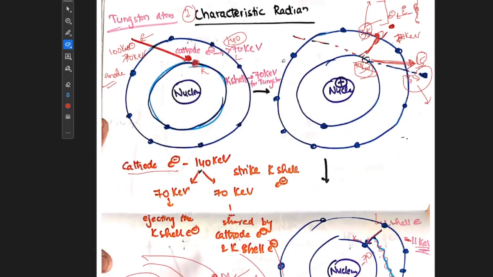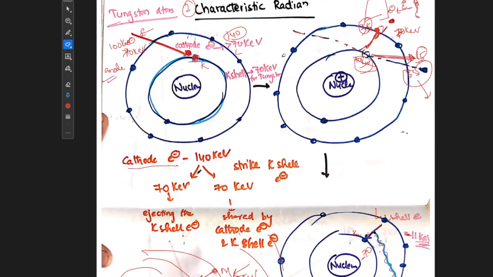If we have to summarize characteristic radiation, it is simple. When the cathode ray electron hits the K shell electron, if it has energy more than the binding energy of the K shell of the atom, the K shell electron becomes free and goes in one direction, whereas the cathode ray electron goes in another direction, acquiring the remaining energy.